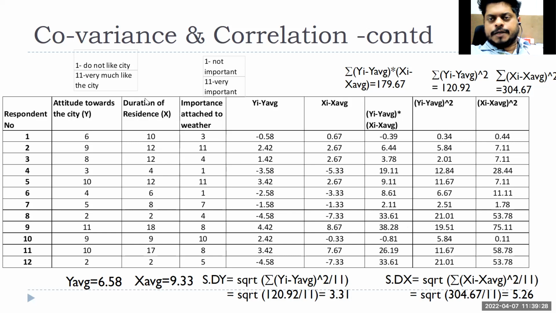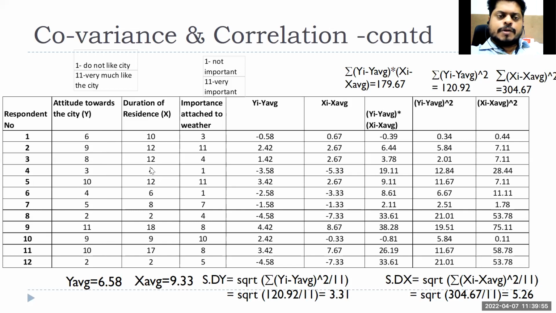So if I want to build a regression model, first I have to find the correlation. There is a direct formula of correlation, but I prefer to find covariance and take the correlation formula out of that, right? That is an easier or more logical approach. So how do I find covariance, how those two variables are varying together? I find the average of this attitude for 12 respondents, that becomes 6.58, the average of these attitude numbers.